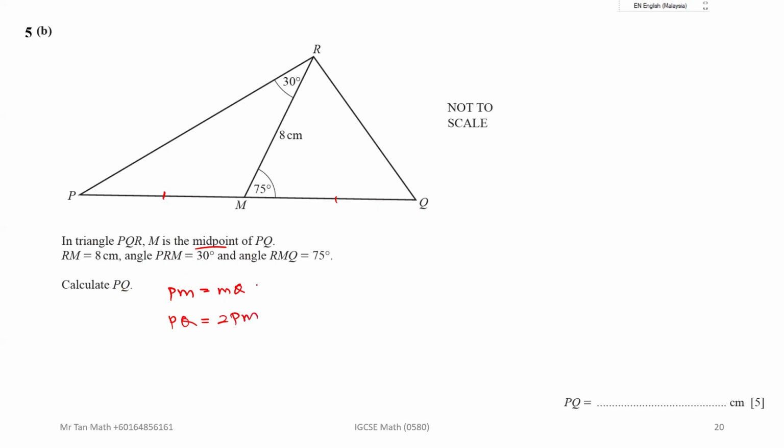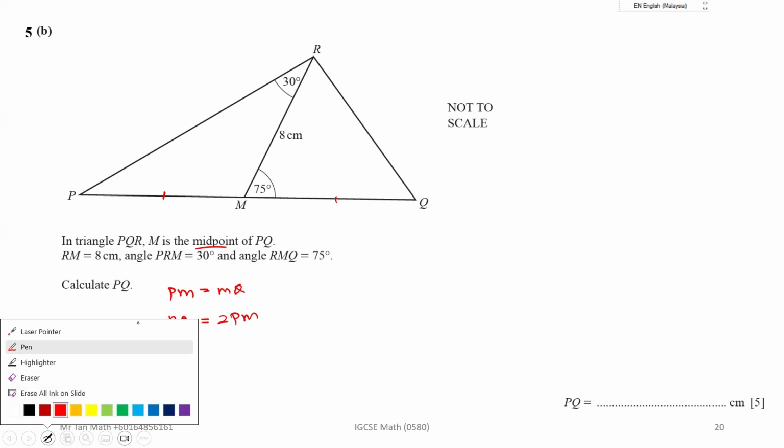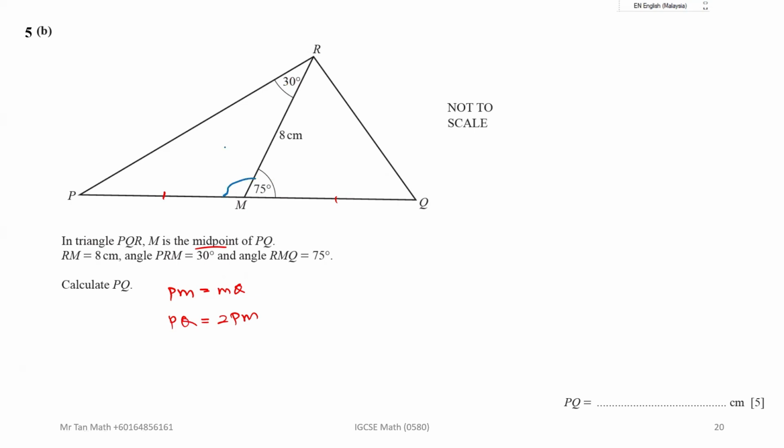In this case, we're going to use one of the triangles. We have 30. It depends on which length you want to find. So this is 180 minus 75, which is 105.